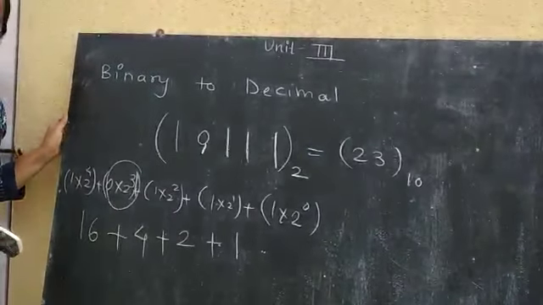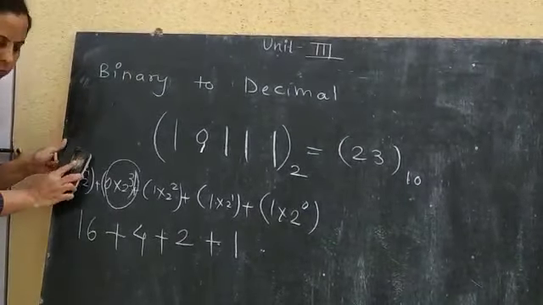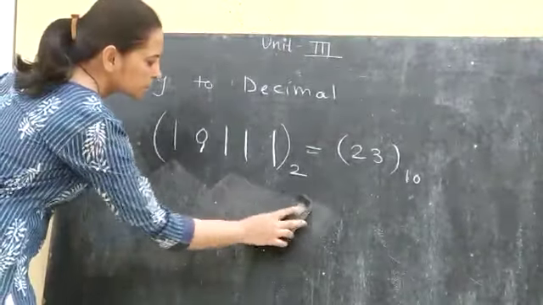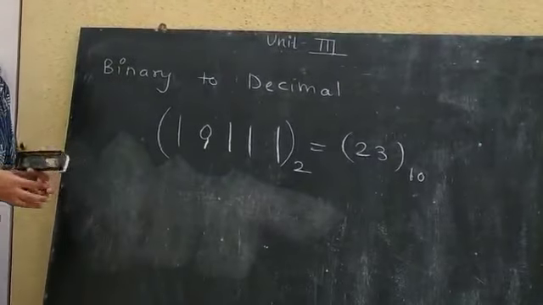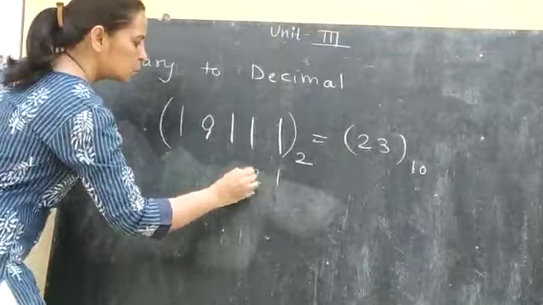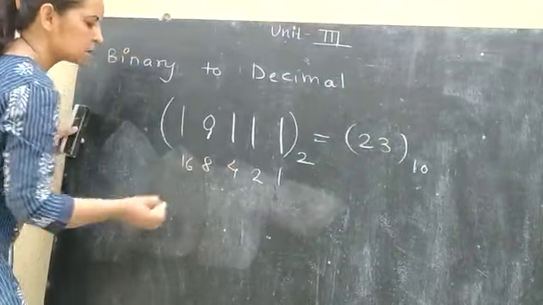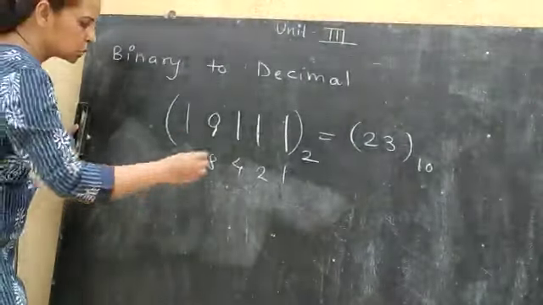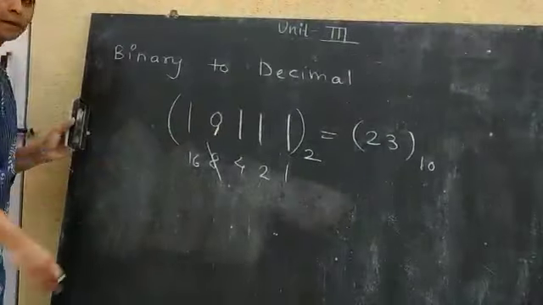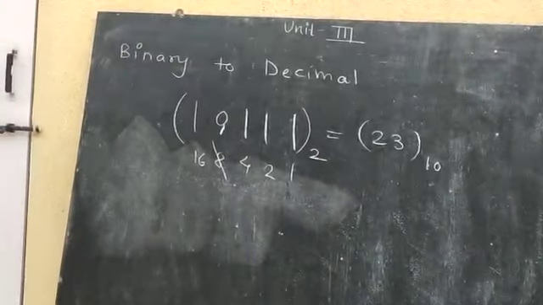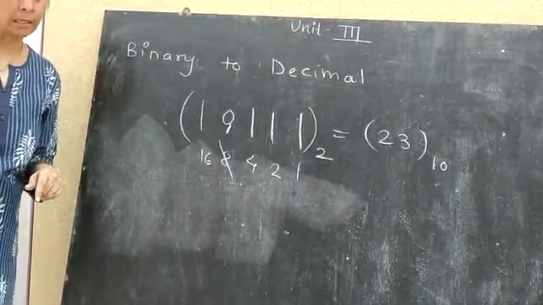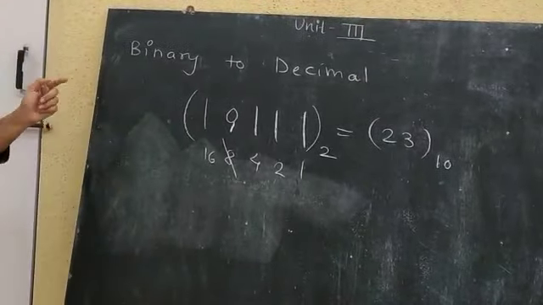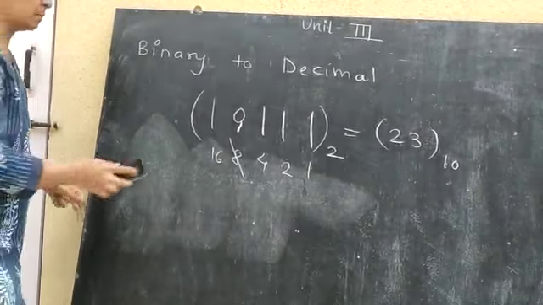Is it clear? Okay, we'll go. Or another way, the shortcut method is 1, 2, 4, 8, 16. Right? 8, 4, 2, 1 code. Discard 8 and add the remaining numbers. Okay. But you can't use this method in the exam, right? So you have to use the normal method of multiplication.